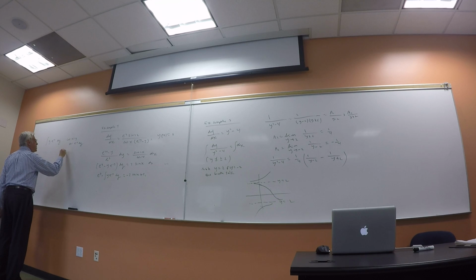So u equals y, dv equals this. So it's clear, therefore, that du is just the differential of y, right? And v is easy, it's minus e to the minus y.